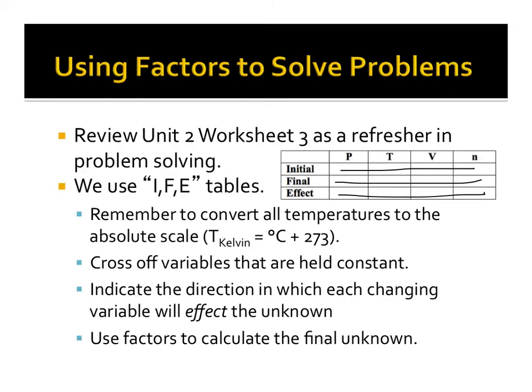A little reminder that our temperature needs to be in Kelvin. So if we're given degrees Celsius, we have to add 273 to get Kelvin. We generally cross off the variables that are held constant because they don't matter. If they don't change, they're not going to affect our variable. And then we just use these factors to calculate.